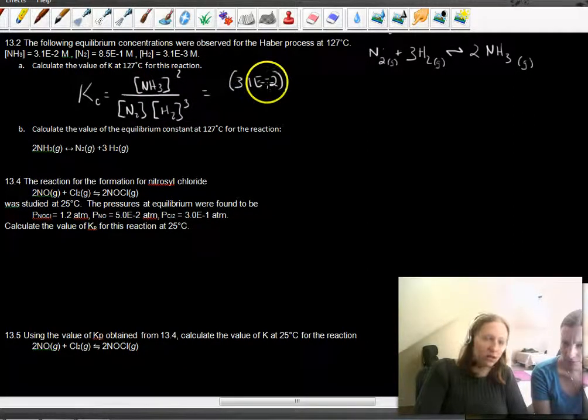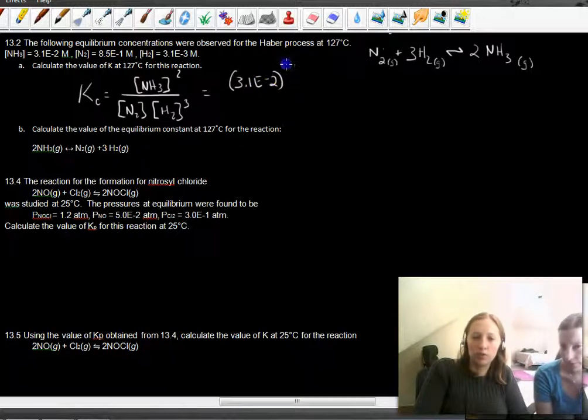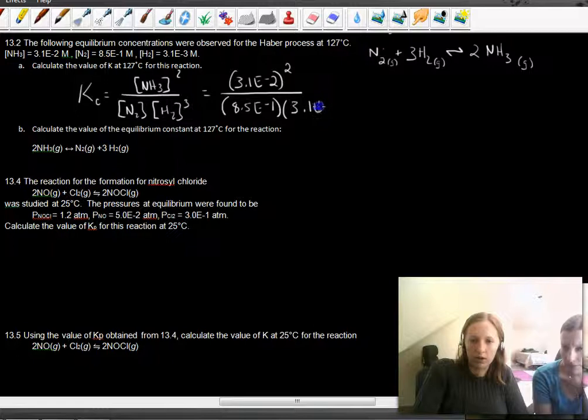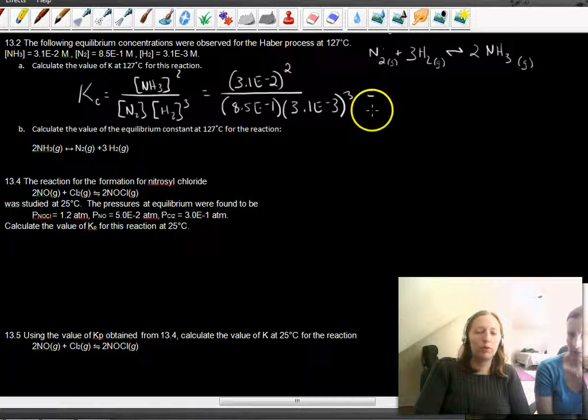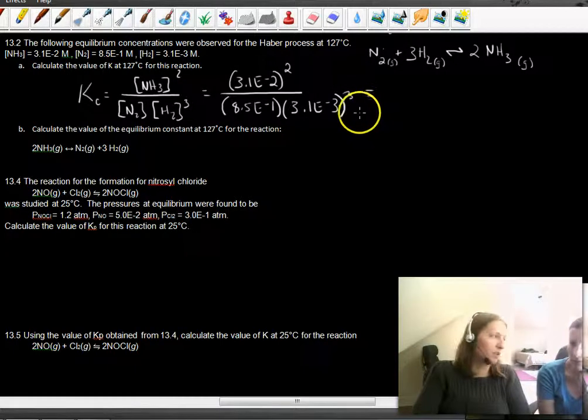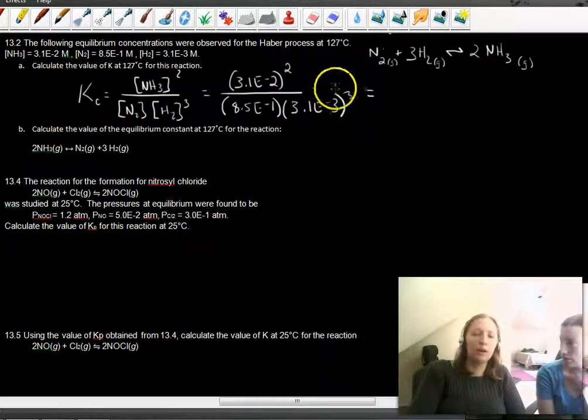and that's going to be 3.1 E negative 2, and now you use regular parentheses because you've put the numbers in, by the way, squared divided by 8.5 E negative 1 and 3.1 E negative 3 cubed. And I'd like to make a point about how you put this in your calculator, because this is going to come up.